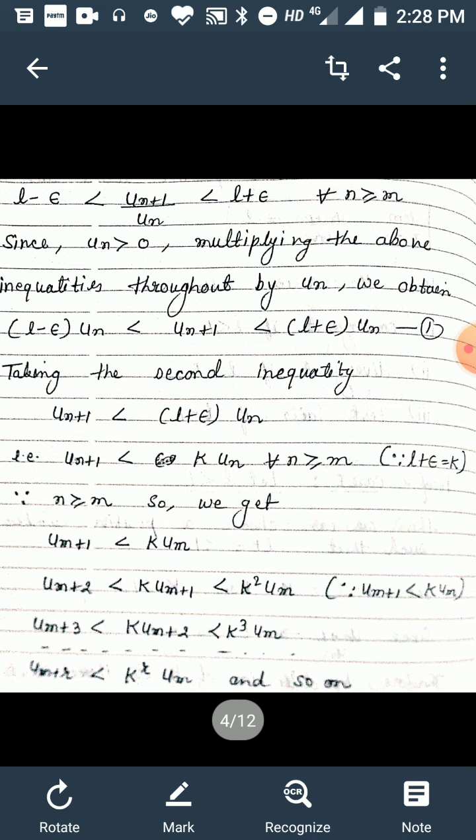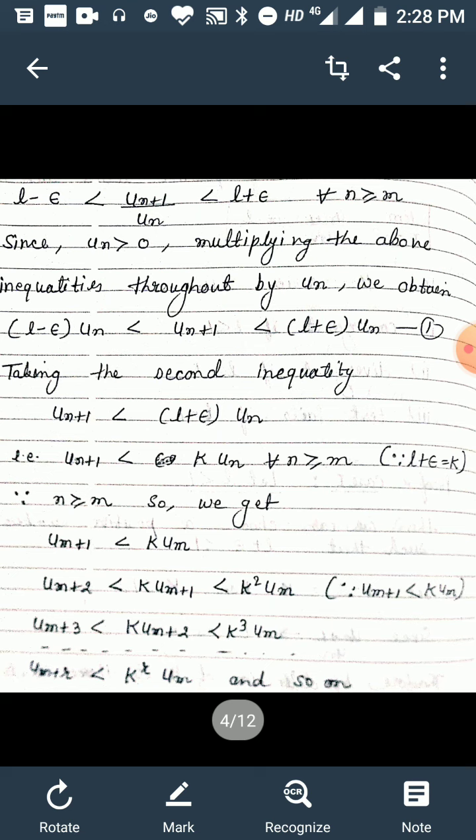Now taking the second inequality of the above equation, we can write un plus 1 is less than (L plus epsilon) un, and since L plus epsilon is k, this can be written as un plus 1 is less than k times un for all n greater or equal to m. Now since n is greater or equal to m, we can put the values n is equal to m, m plus 1, m plus 2 and so on. If n is equal to m, we get um plus 1 is less than k um.